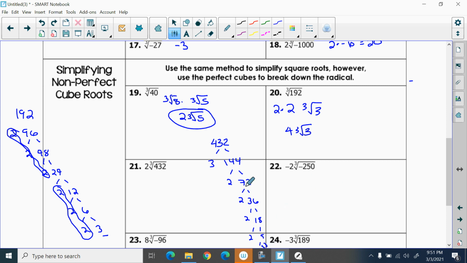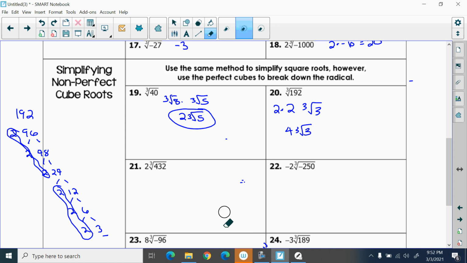Normally I like to get all my 3's together, so let's go back a little bit just to make life easier on us. So we still have that 2 on the outside, right? So we have 432, and we divide that by 3, and that's 3 times 144.